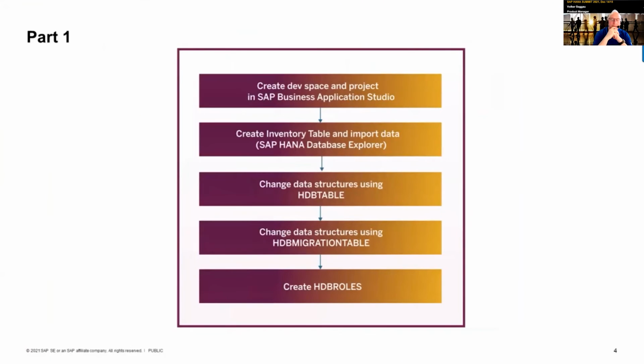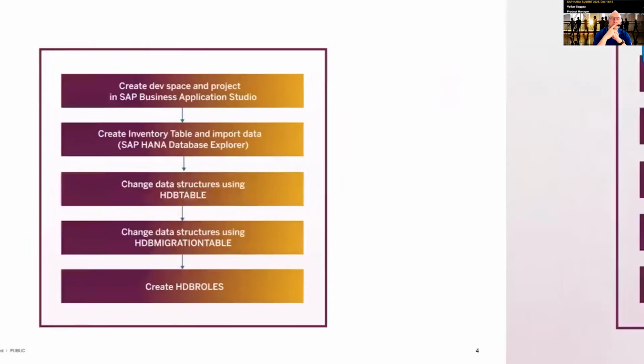Now that we have done and changed successfully from table to migration table, we have to access them. Therefore, we are building 2 roles, one with grant and the other without grant permissions. That is necessary for my colleague Jan when he wants to access these data with his calc views.